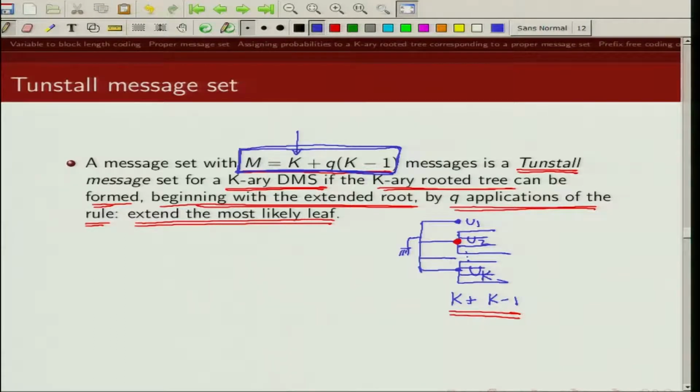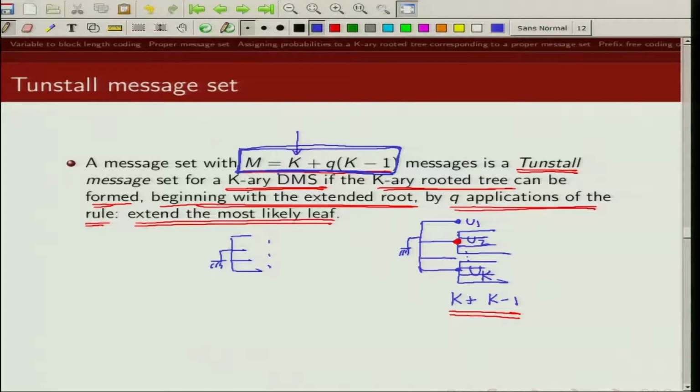I am calling this the extended root. So I have a root which has been extended to k leaves. At the extended root I get k leaves, but subsequently when I extend any of the leaves, I am adding only k minus 1 new leaves. So the total messages in a proper message set is given by k plus q times k minus 1.